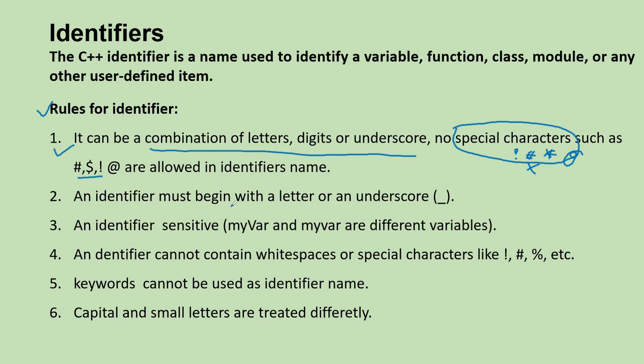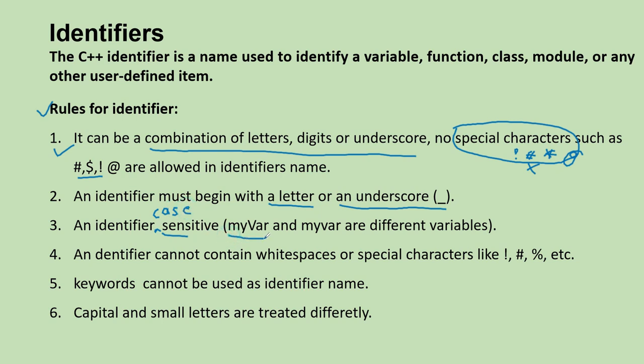An identifier must begin with a letter. You can start an identifier with a letter, or an underscore can also be there at the beginning of the name of an identifier. An identifier is case sensitive. Case sensitive means capital letter and small letter are different.